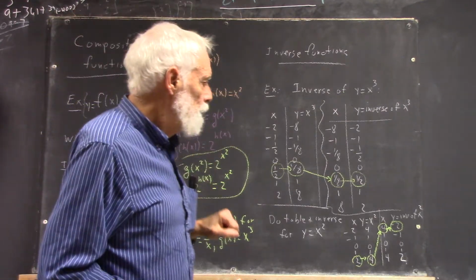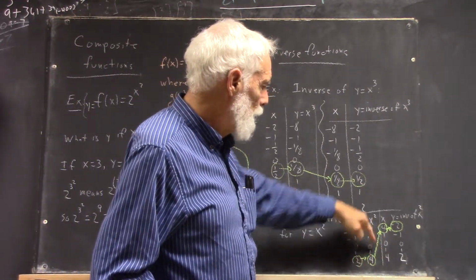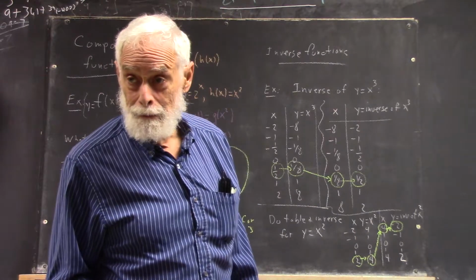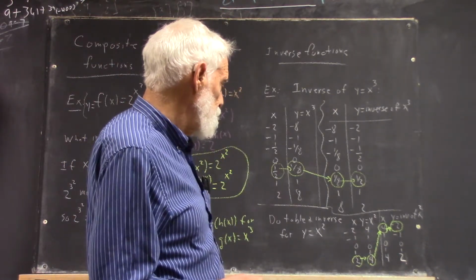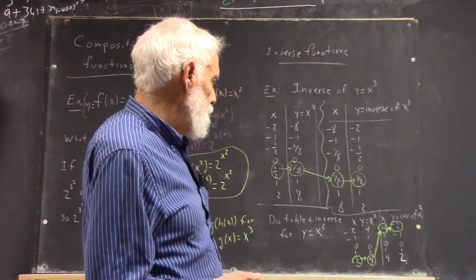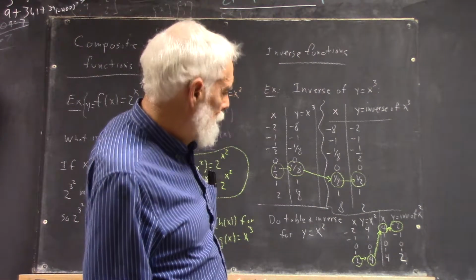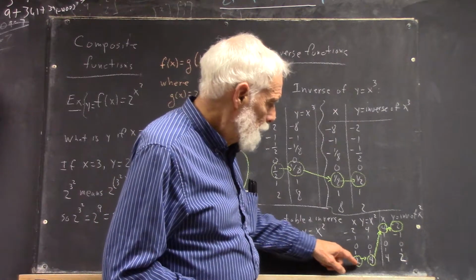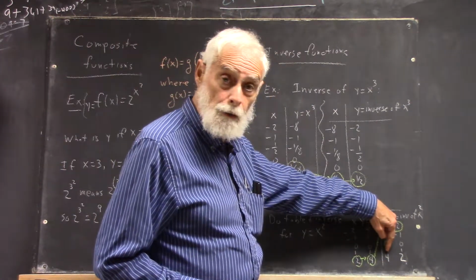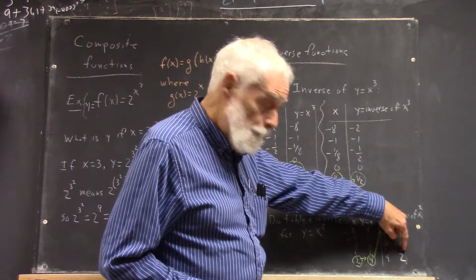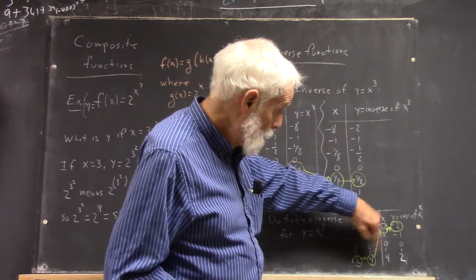Now, you notice that here we have two possible paths for this process, right? I could have taken the 4 and fed it in over here, and I would have then ended up with the 2 I started with.